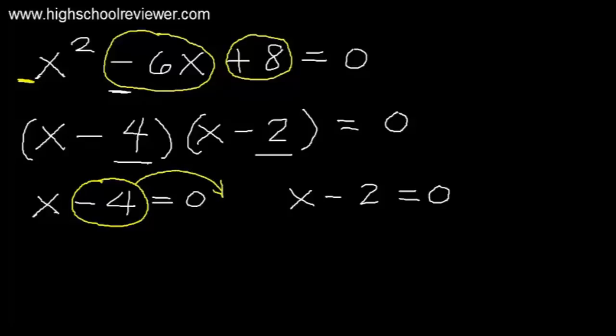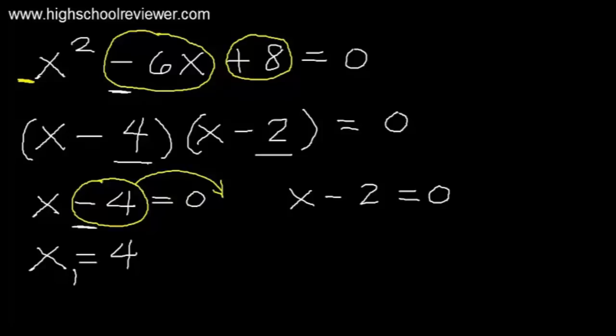If we transpose negative 4, it will change its sign. What will be left on the left side will now be positive x. And if we transpose this to the other side, it will change its sign. It will become positive 4. So our x sub 1 here is positive 4.